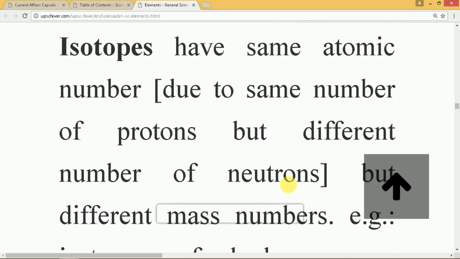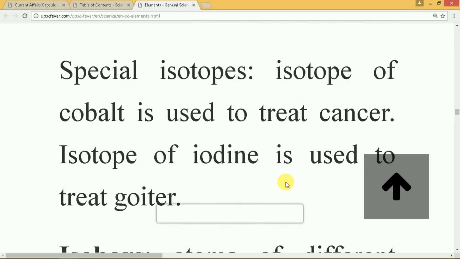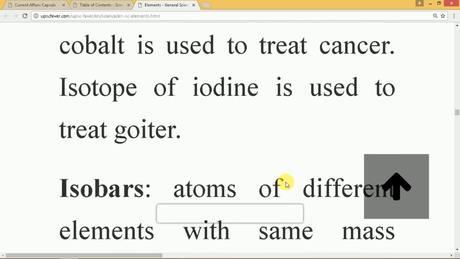The chemical properties of isotopes are the same, as chemical properties depend on the electronic structure, but their physical properties are different. So some might be solids, some might be liquids. Then the second category is known as isobars.